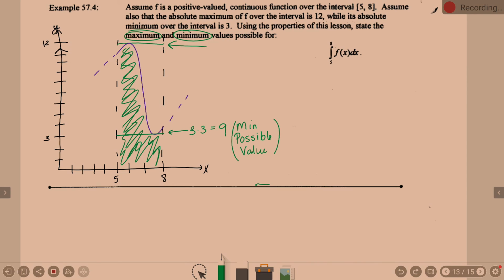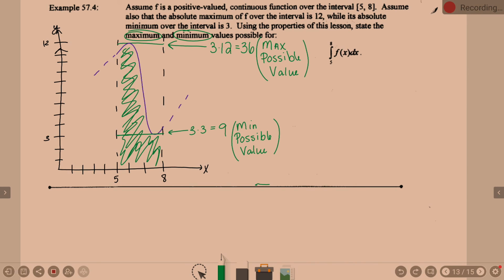It would be, the interval is still 3 wide, yes? Yes. And if this curve goes all the way up to 12, pretty much all the way across, that max value is 12. And so 3 times 12, which is 36. That is my max possible value.